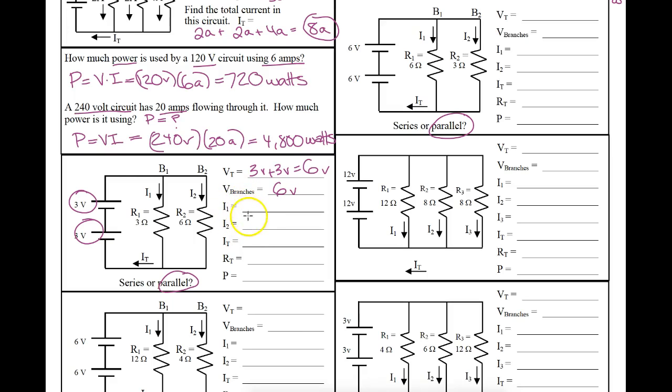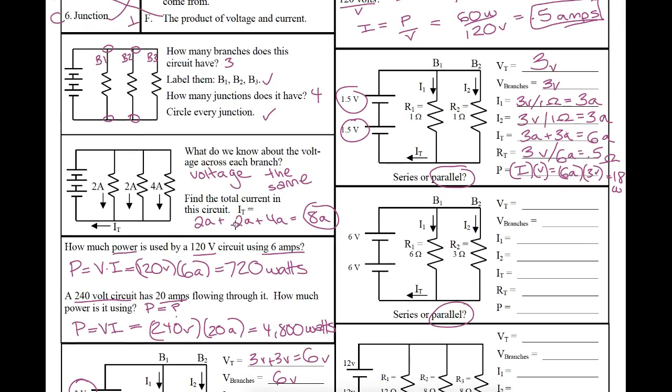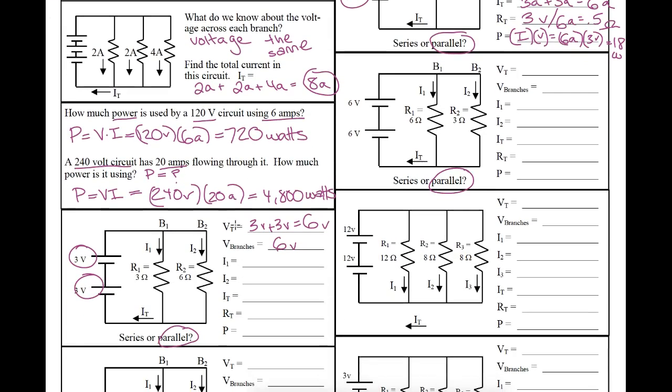The current for the first one is, basically we're looking at resistance, which is in ohms, and your voltage. So if you go up here again, like we did, you can see that current is voltage divided by resistance. So right here, we're looking at voltage 6 divided by resistance, which is 3 ohms, equals 2 amps.